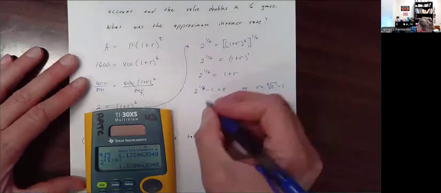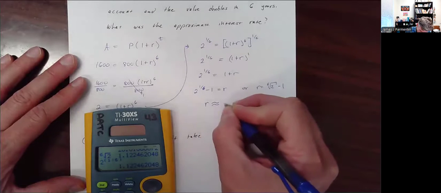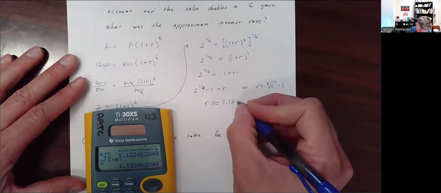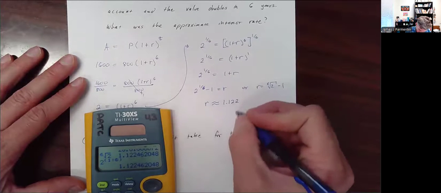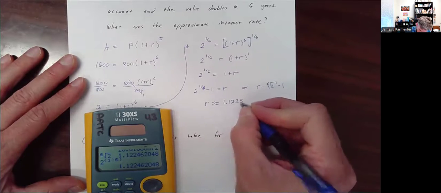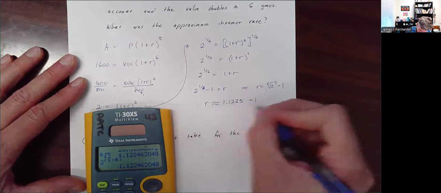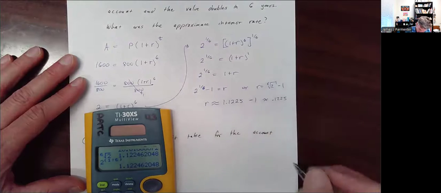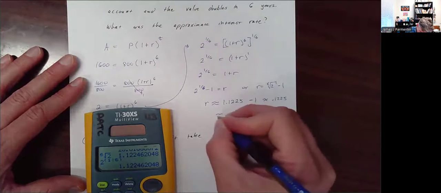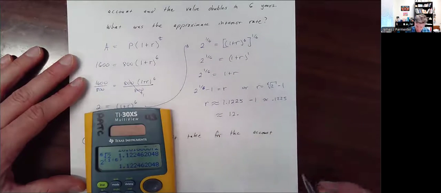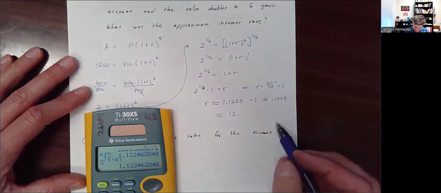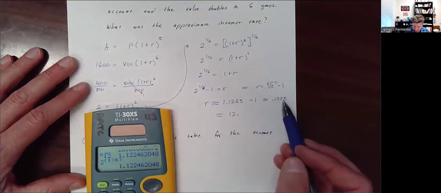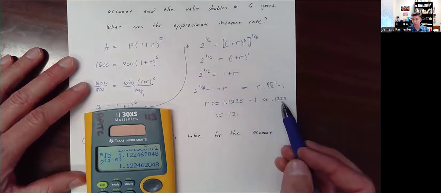So then we're going to get that r is approximately 1.12. Let's go a couple more decimals here just to be careful. I'll round that 4, 6 up to a 5, minus 1. So then that's approximately 0.1225 or approximately 12 point. Now here I've actually made kind of an error because I really wanted to round to the nearest tenth. If I was going to look at just that, rounding it to the nearest tenth, I would round it up to 12.3%.